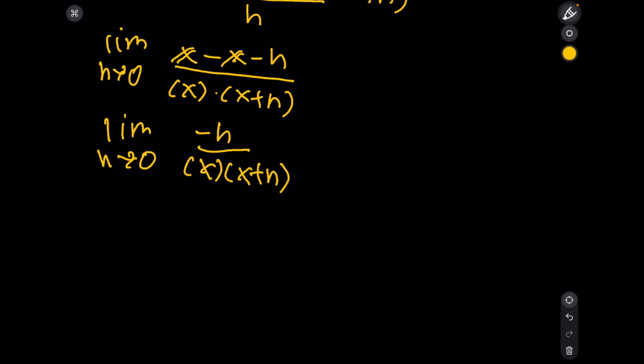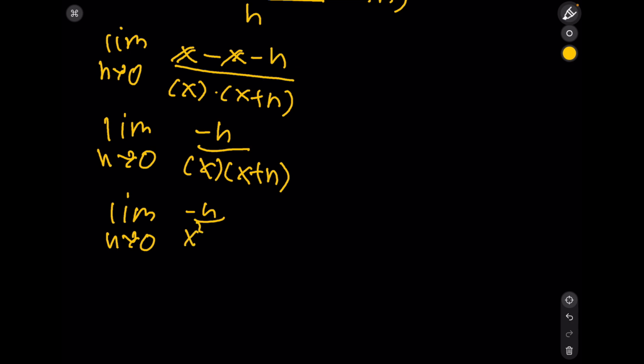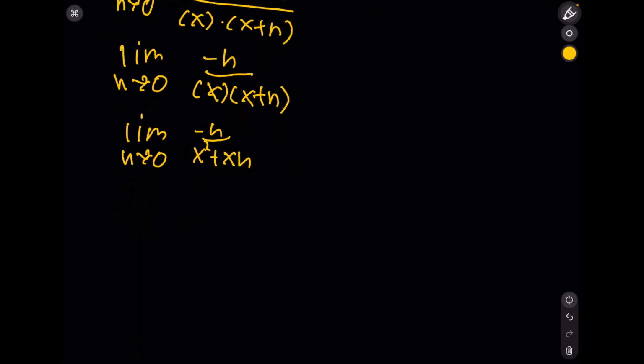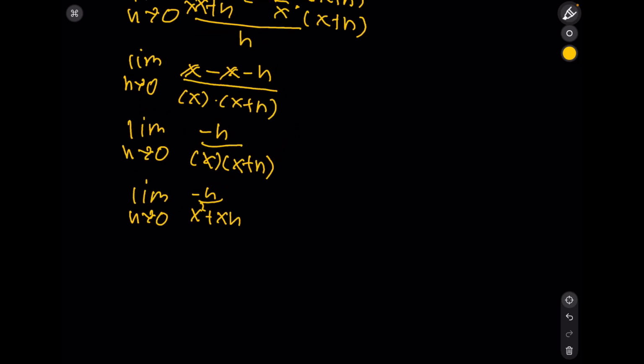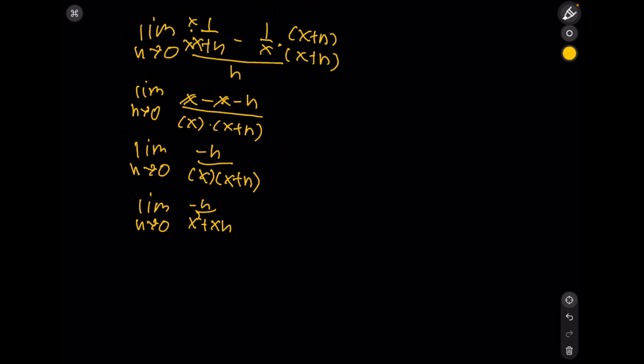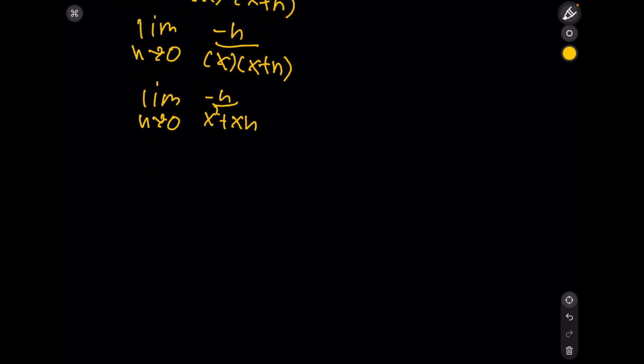And then from here, in order to actually cancel that out, we can have negative h and then just distribute the x squared everywhere. Always double-check your work with rational functions because they're kind of difficult.